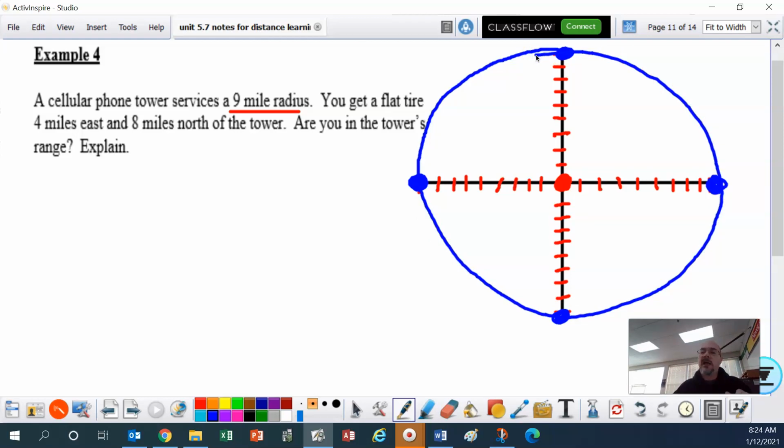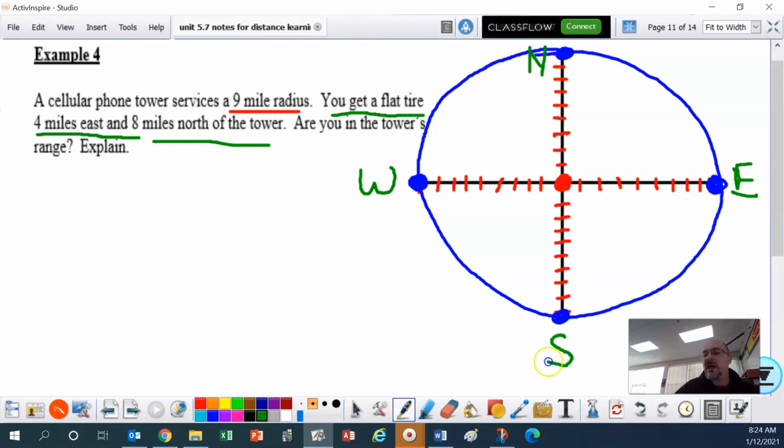The cell phone tower, that's the service area, right? Now, if you get a flat tire 4 miles east and 8 miles north. Remember, this is west, this is east, this is north, and this is south.